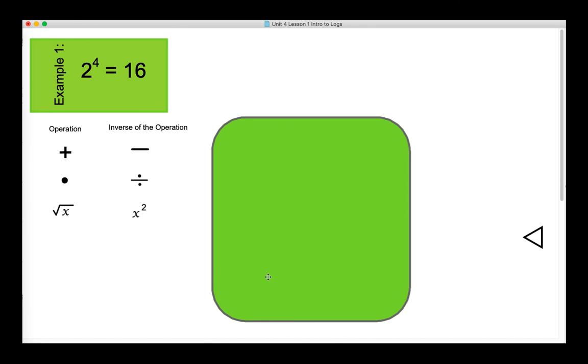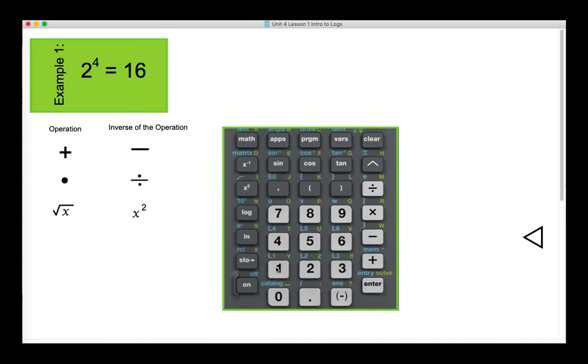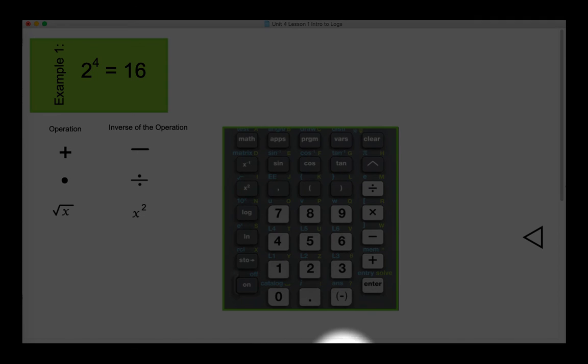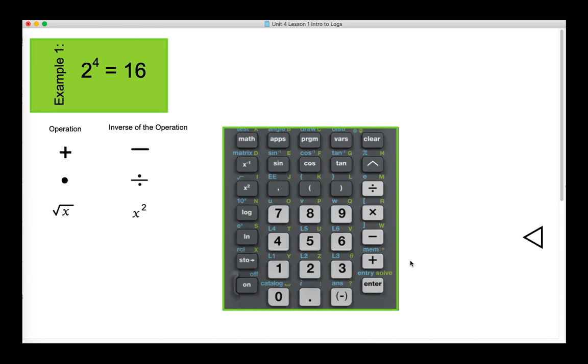In fact, if you look on your calculator, everything is written in inverse form, starting with the on-off button. Plus and minus are right next to each other.